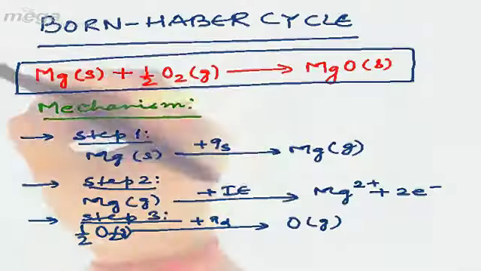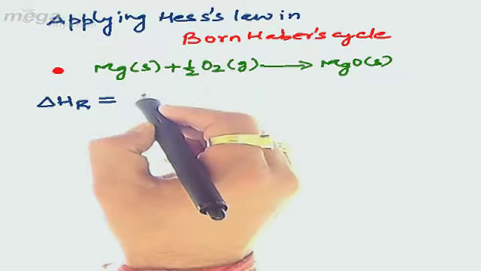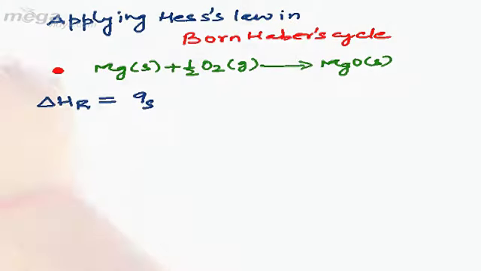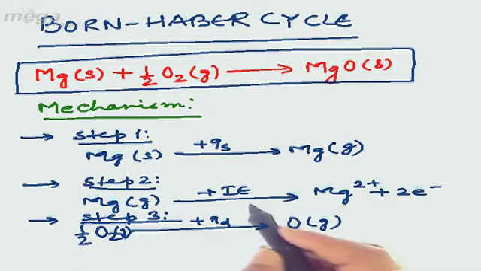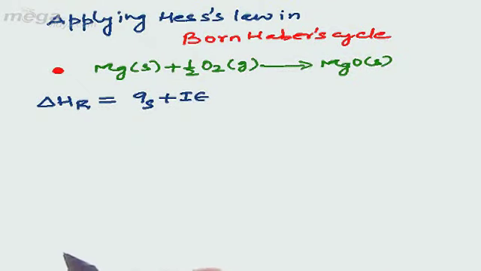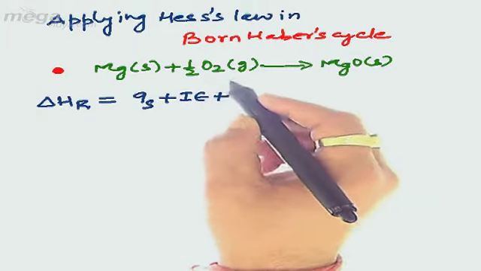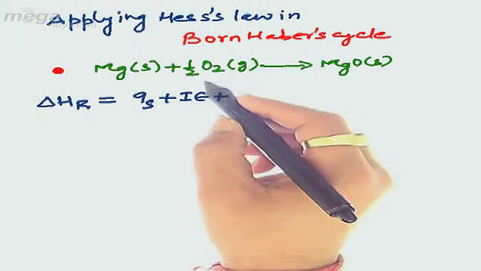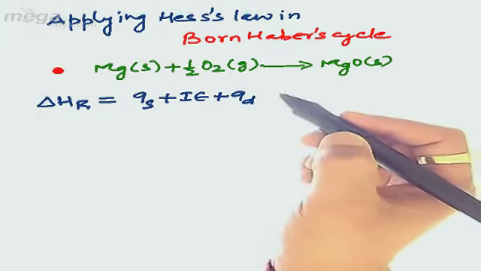So in the first step, we had heat of sublimation. So delta HR will be equal to QS. Now in the second step, where we removed electrons from the valence shell of magnesium, we provided ionization energy. So we have to add ionization energy to the heat of sublimation. Similarly, in step three, when we converted the combined state oxygen into isolated state, we provided heat of dissociation, so plus QD.